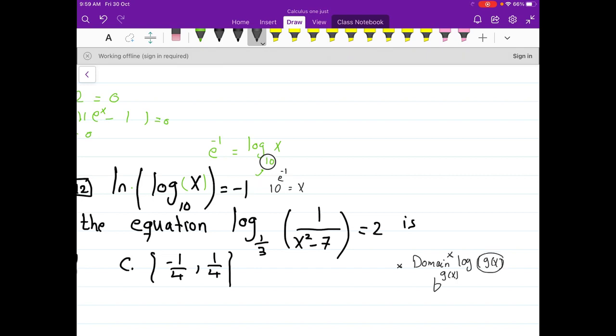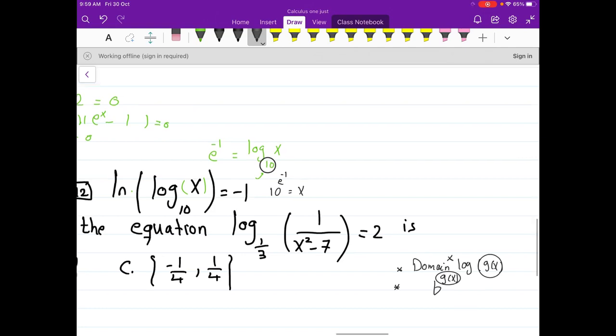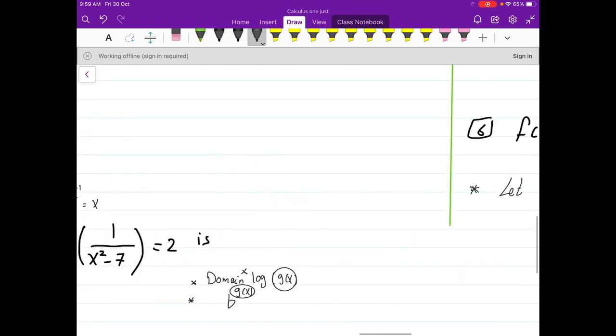Inside the log must be positive. And how can you find the domain for b to the power g of x? You must find the domain for the exponent. And also, we saw how we can solve equations that include logarithmic and exponential functions.